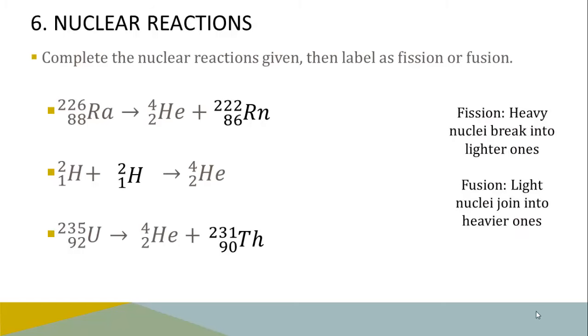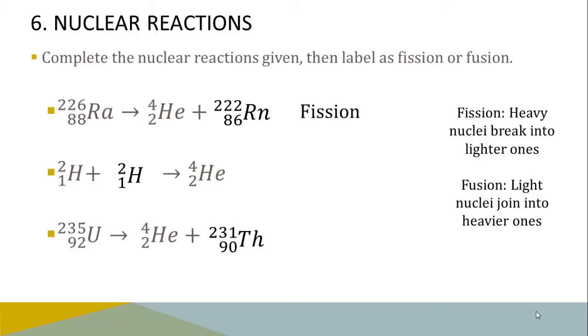Fission is occurring anytime that a heavy nuclei breaks into a lighter nuclei. So think of the word fissure, which means like a crack in the ground after an earthquake. So that's something splitting apart. Fusion sounds like the word fuse, means 2 lighter nuclei are going to fuse together, join together to make heavier ones.